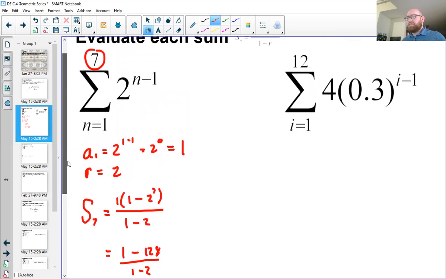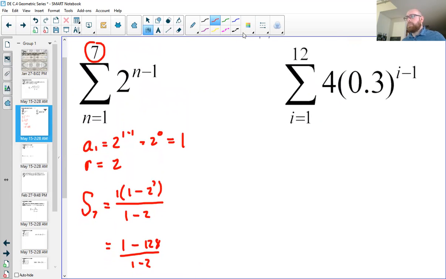For our second example, we can list A1, R, and N. So our first term is A1, so that's 4. Our common ratio is 0.3, and N is the number on top, which is 12.